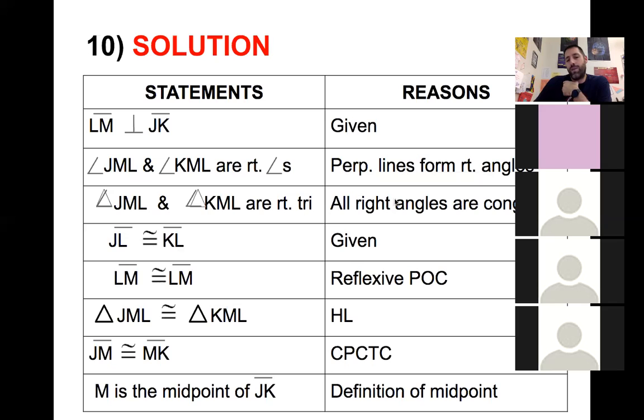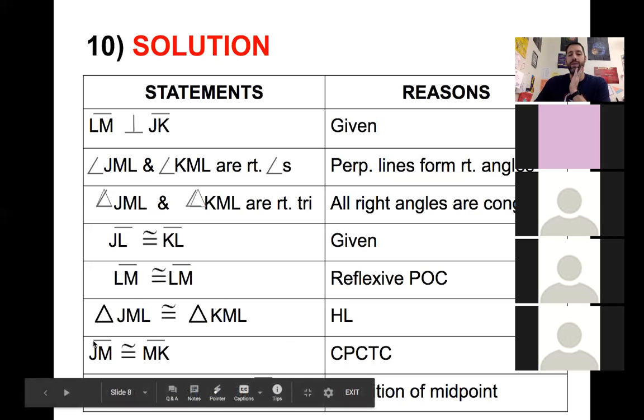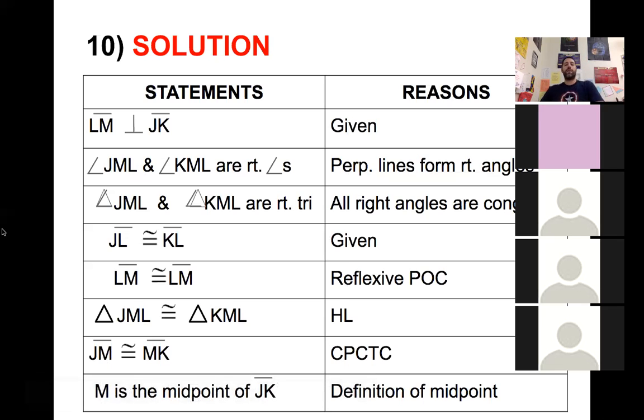Since we have the fact that they're right triangles, the hypotenuse, and a leg, that's enough to say through hypotenuse leg that triangle JML is congruent to triangle KML. From there, the proof looks exactly the same as the previous proof, because now we can say that JM is congruent to MK. Those two segments are congruent based on CPCTC, making M the midpoint of JK because of the definition of midpoint.